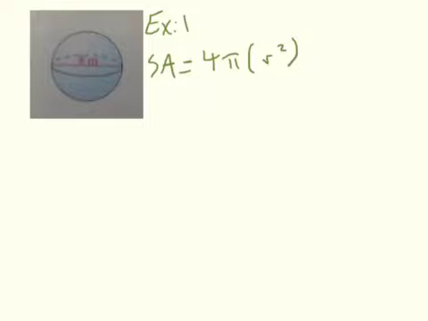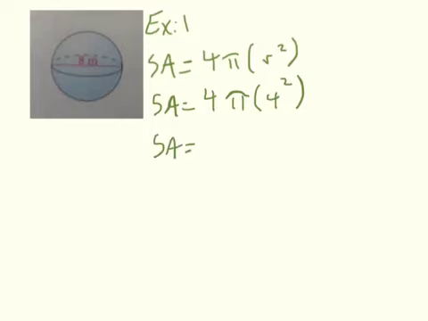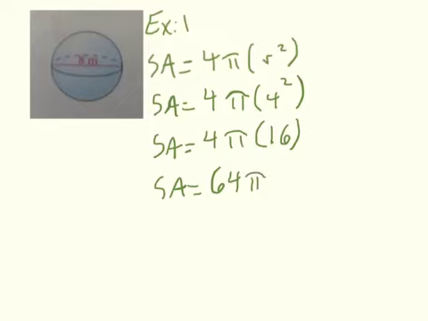As we know, the radius is half the diameter, so if we plug it in, it would be 4 pi times 4 squared. So the surface area would be 4 pi times 16, and 4 times 16 is equal to 64. And keep the pi, so if the answer asks you for in terms of pi, you would leave it as 64 pi meters squared.